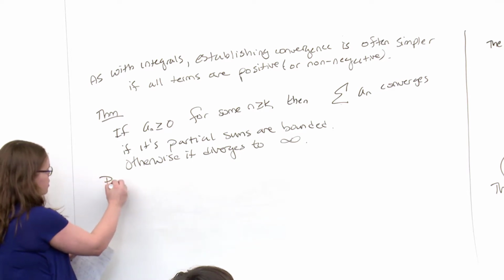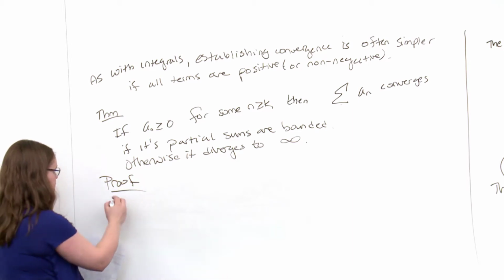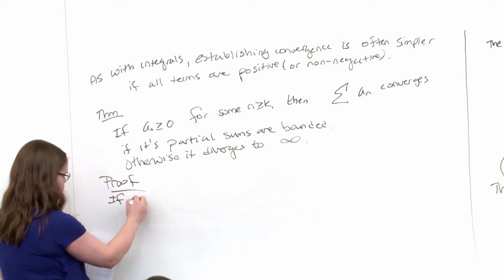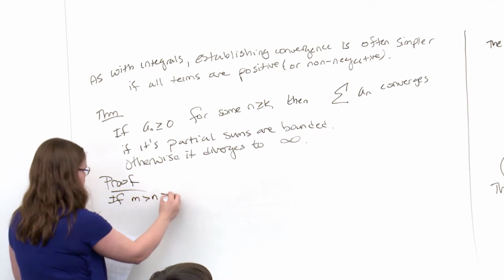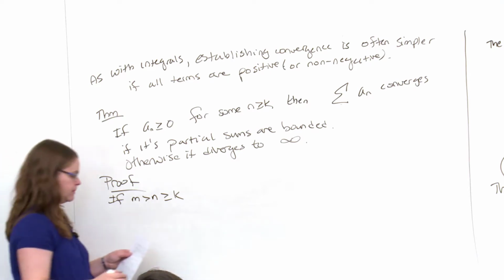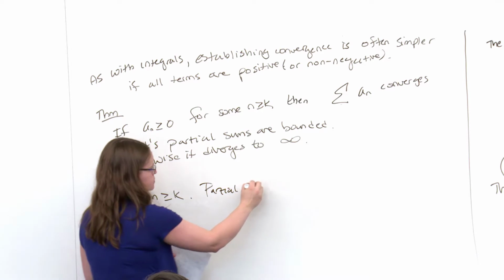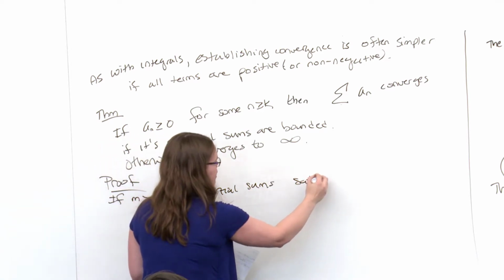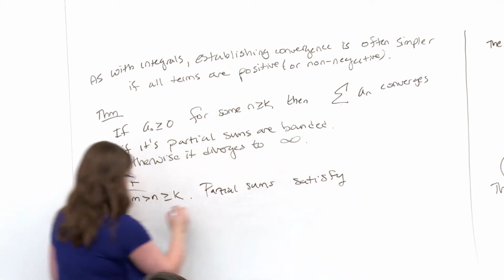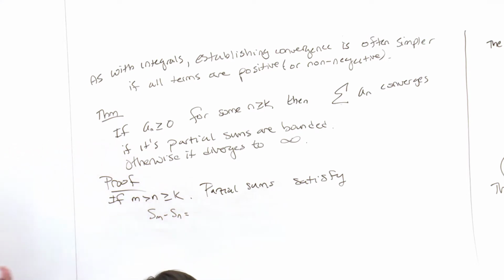So, the proof comes down to what we know about sequences. If we choose m and n to be bigger than k, then the partial sums are going to satisfy S_m minus S_n equals, okay, S_m and S_n have a whole bunch of terms in common, right?